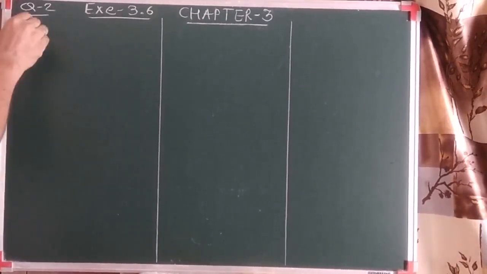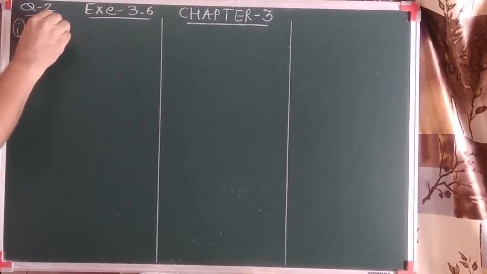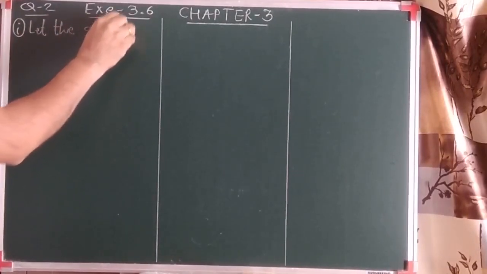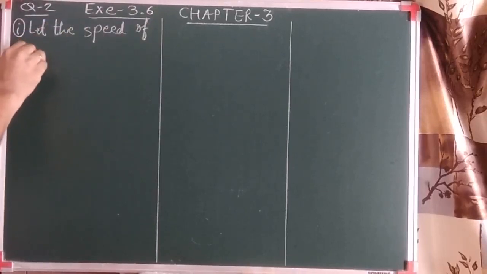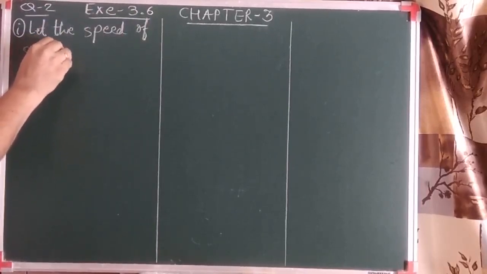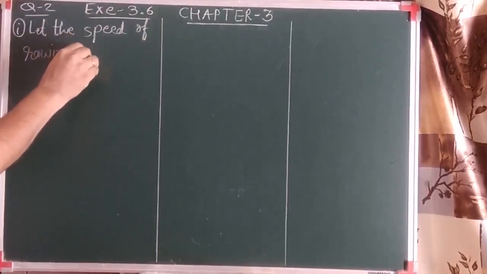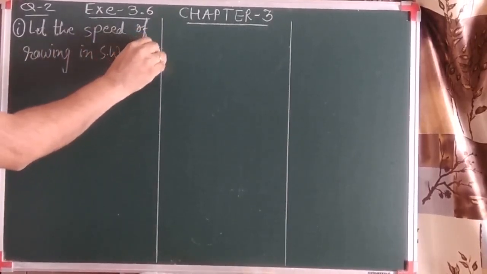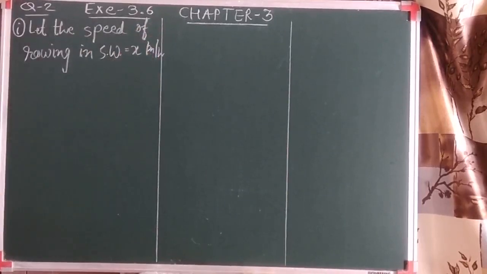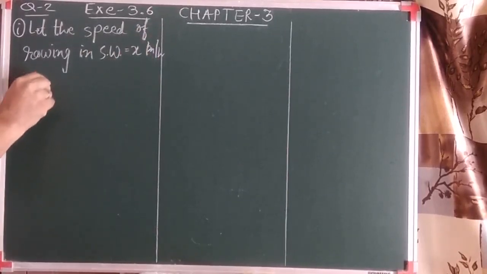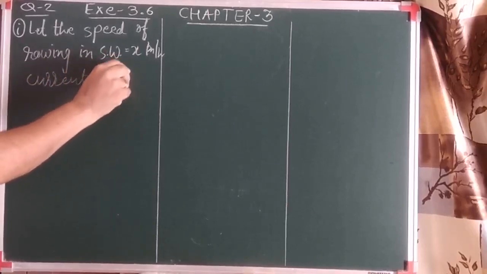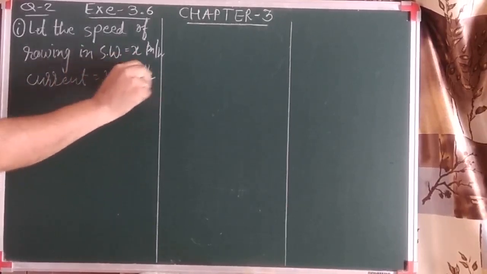So let's suppose that the speed of rowing in still water is x km per hour, and the speed of the current of the river flow is y km per hour.